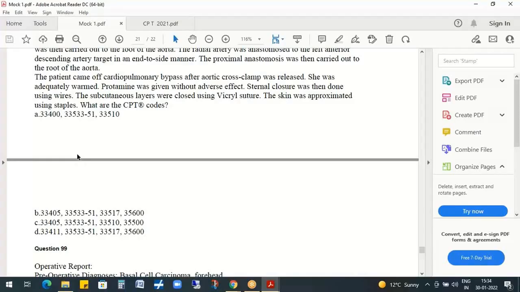What is 400? The 400 code is not there, sir. It is deleted, I think. So then come to 405: Replacement, aortic valve, open, with cardiopulmonary bypass, with prosthetic valve other than homograft or stentless valve. 33411: Replacement, aortic valve, with aortic annulus enlargement, non-coronary sinus, with cardiopulmonary bypass, with prosthetic valve.